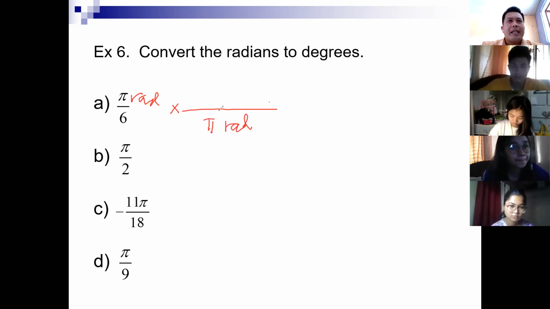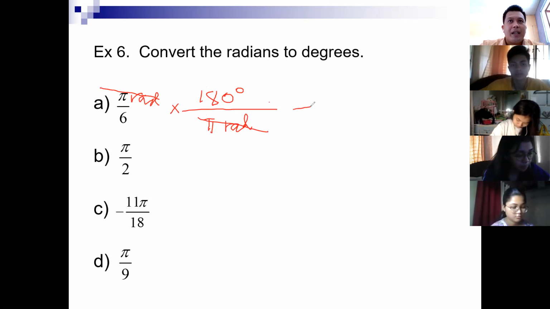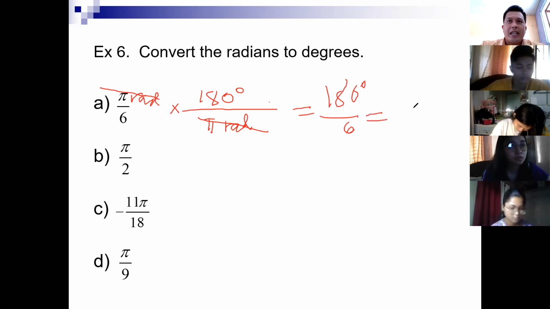So multiply the given radian measure by 180 degrees over pi radian. Cancel the pi radian, leaving 180 degrees divided by 6, and the answer is 30 degrees. Pi over 2 is 90 degrees.